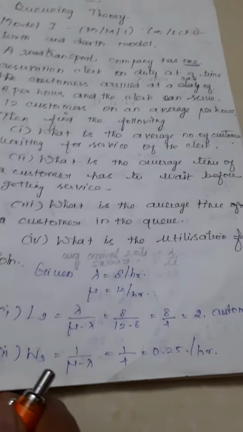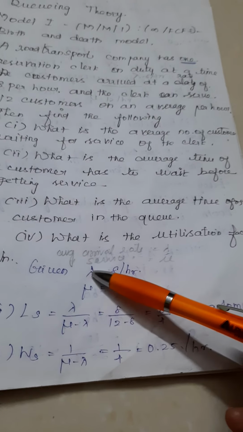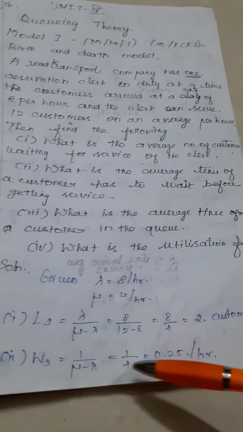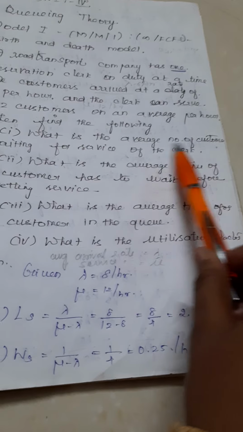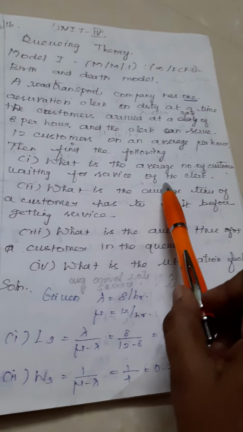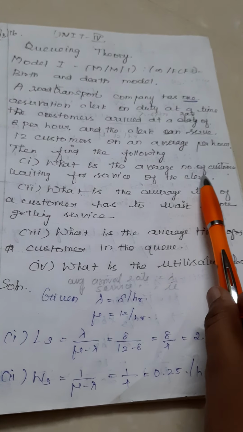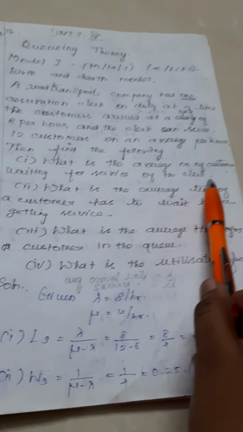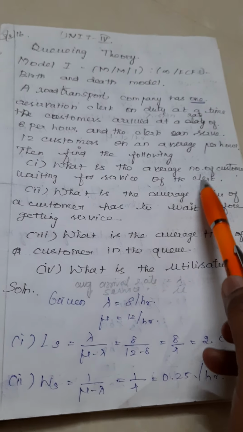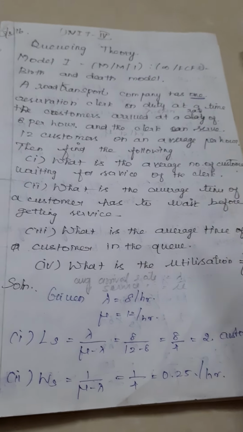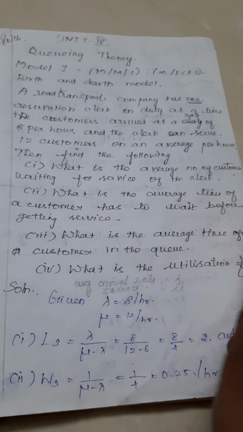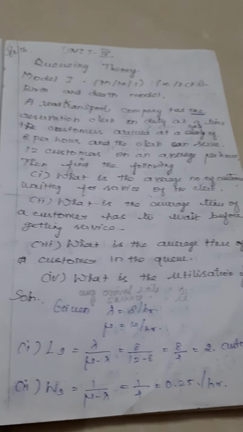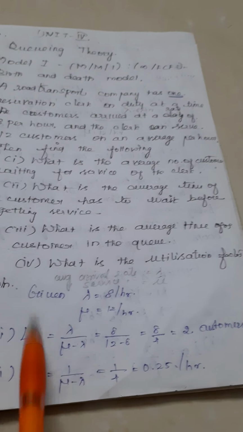Only then are we allowed to substitute the lambda value and mu value in the formula. The first subdivision asks for the number of customers, which means length. We may have the length of customers in the queue alone or in the system, where system means including the person at the service counter. Here they say waiting for service of the clerk, including the person being served, so we use the formula LS.